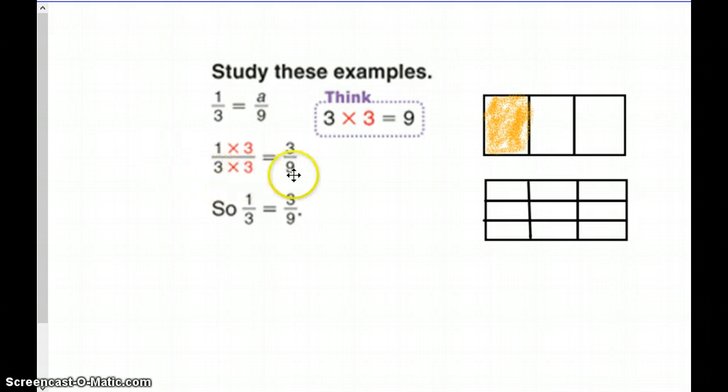So we've already multiplied our denominator, now we're multiplying our numerator. 1 times 3 is 3. So mathematically, we know that 1/3 is equal to 3/9. Well, if I go ahead and shade 3/9, I can easily see that obviously these two fractions are equivalent. They are equal. They cover the same amount of space.